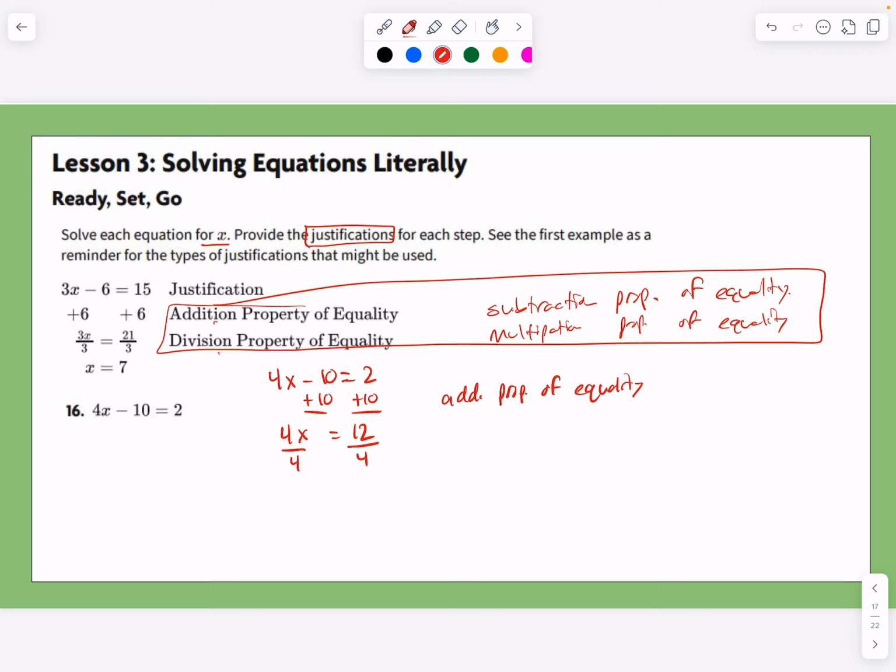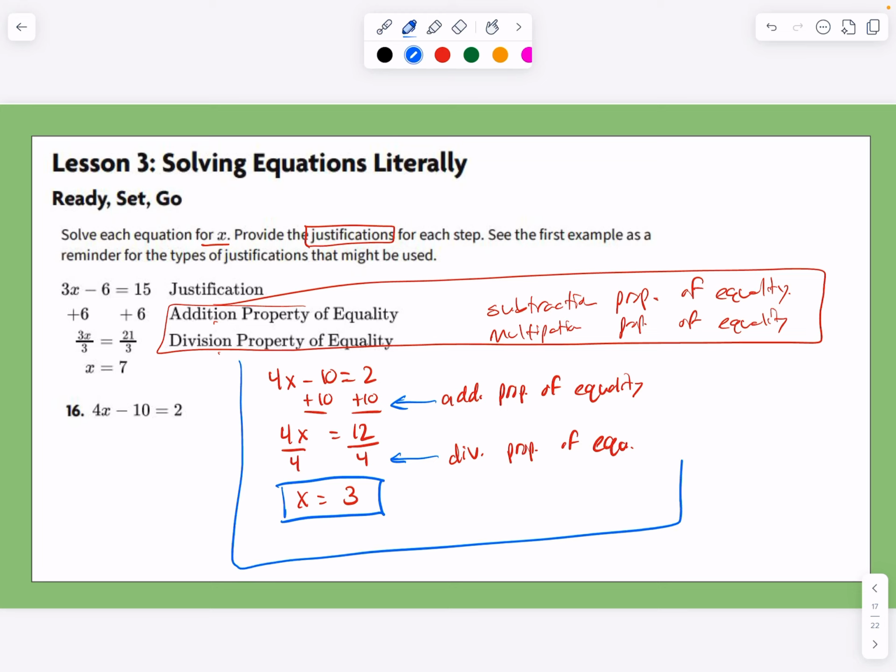When I'm doing that, what am I doing? I'm using the division property of equality to have x equals 3. So I solved it, is one thing they want me to see, but then I'm also showing which property I'm using along the way in order to get to that solution. So those are all the parts that your teacher's going to want to see for how this works.